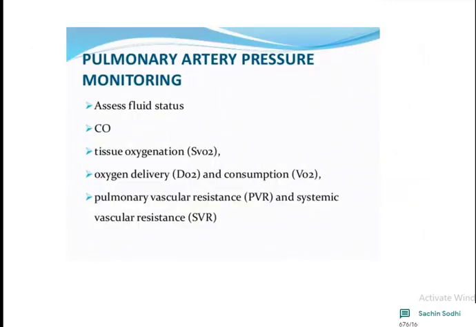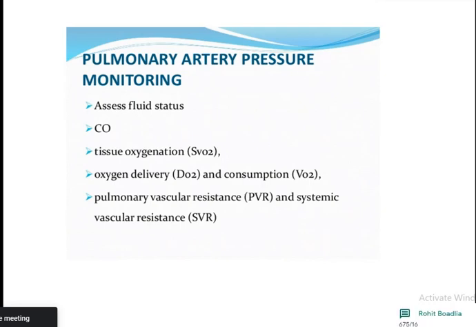So you can assess the fluid status, cardiac output measurement, SvO2, that is central mixed venous oxygen saturation. Then you can calculate oxygen delivery. Remember from the first slide, oxygen consumption, peripheral vascular resistance. If there is an increase in pulmonary vascular resistance, that will show pulmonary arterial hypertension, the cause of right ventricular failure.